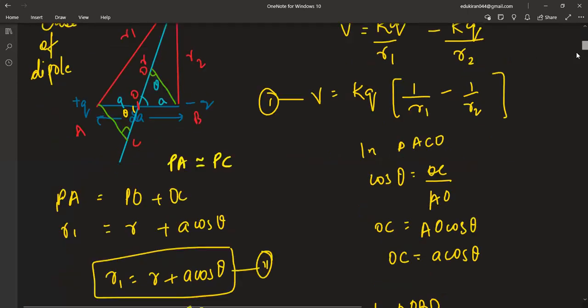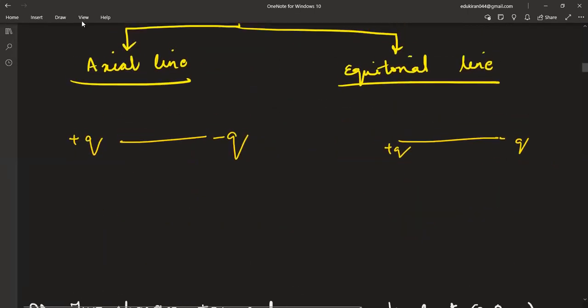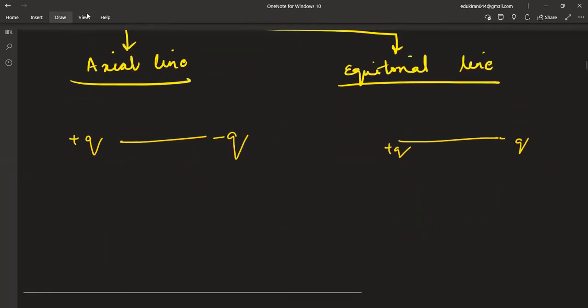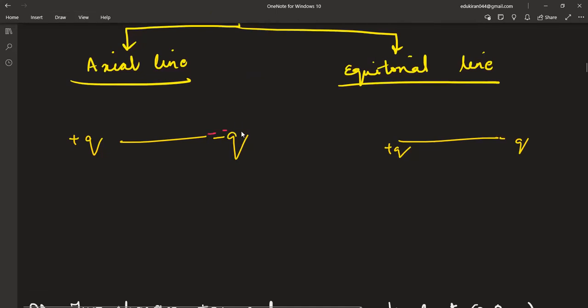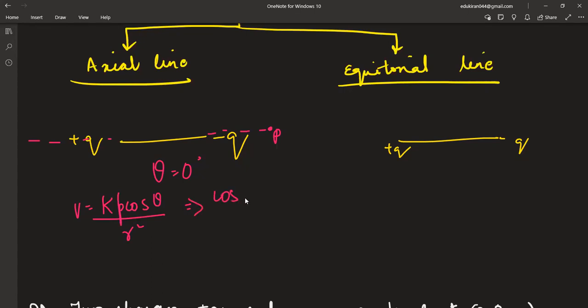Now see, if it's an axial line and the point is lying on its axis, this is the axis, the point is lying on its axis, so your theta will directly become 0. In this formula, V is equal to Kp cos theta by R square, you will have cos theta as 1. Yes, you will have Kp by R square.